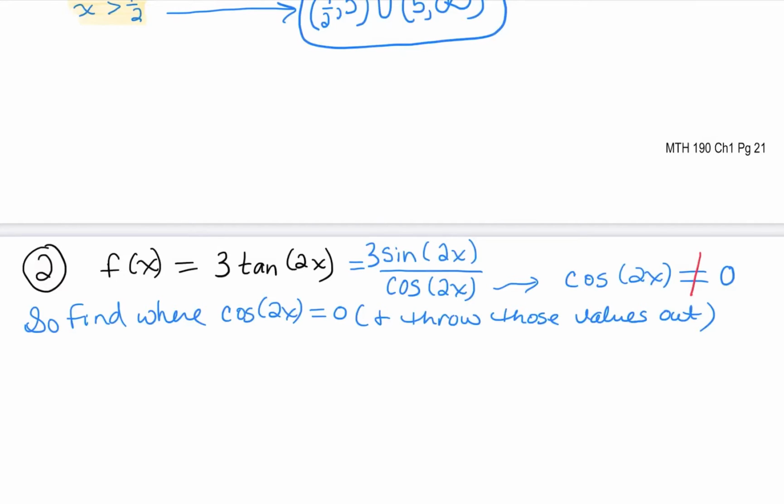Well, cosine of 2x is a little trickier. So often what you might say, as you might have done in a trig course, is let's start with something that's a little bit easier.